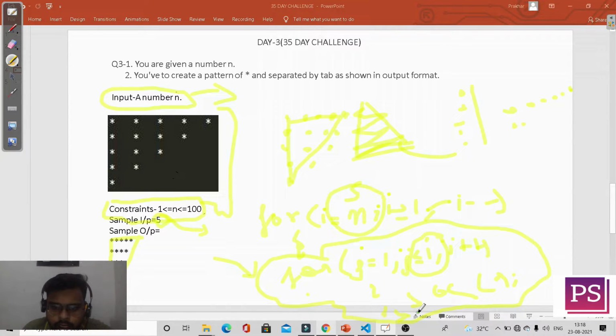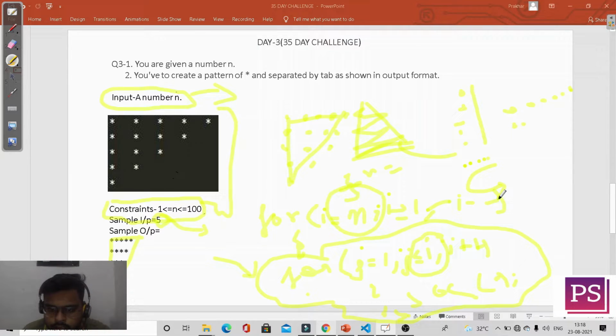So when the first loop is entered, like i equals n equals 5, then the value of i will be 5 here. So this loop will print 5 stars: 1 2 3 4 5. 5 stars are entered, then this loop will be exited, and then it moves to the next line.